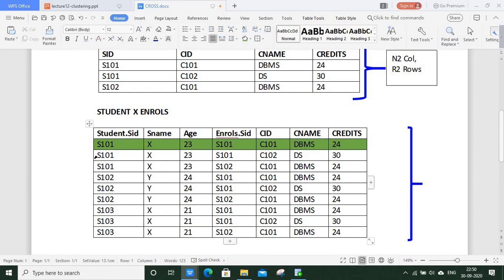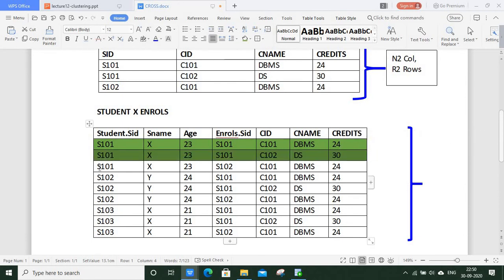When we see this another row, that is student 101, it is again matched with student 101. Yes, because we can see that student 101 is participating in two courses, that are this DBMS and this data science. So we need to consider this one also as a relevant combination.